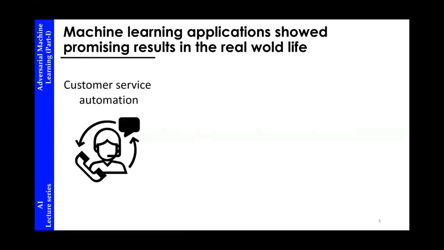Well, today, the application of machine learning and artificial intelligence systems in real-world life is observed extensively. For example, we use artificial intelligence systems for customer service automation, which can make these services cheap and user-friendly.